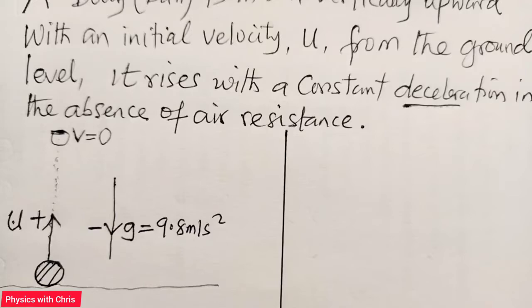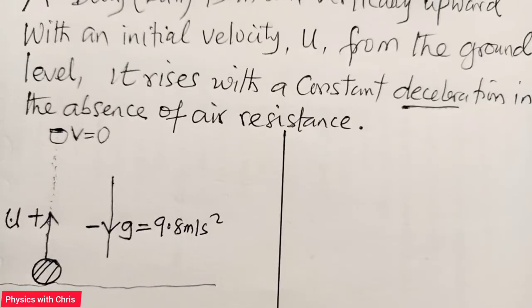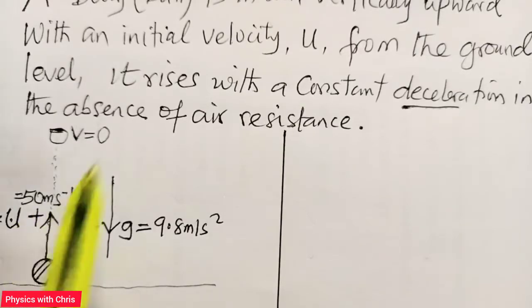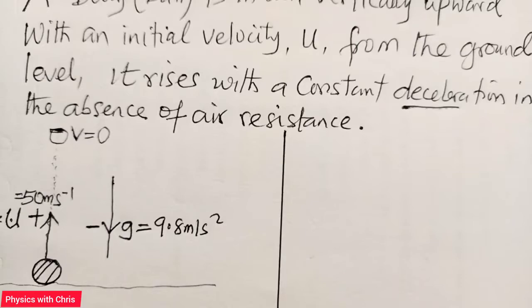At that instant, the body starts falling downwards because the velocity has gone from the value u, maybe 50 meters per second, for instance. If u was given as 50 meters per second, at its maximum height the velocity will have reduced from 50 meters per second to zero, with no more speed to continue in the upward direction.